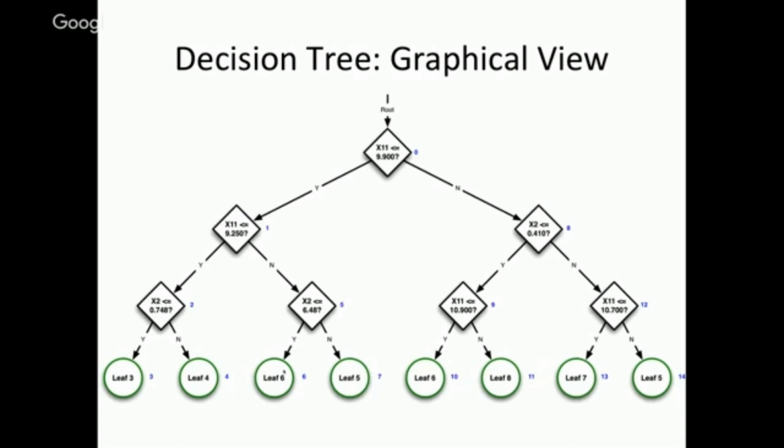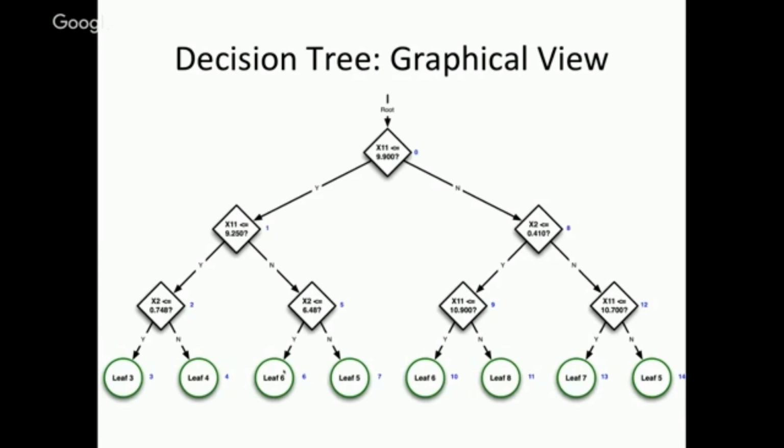Now, a couple things I want to point out. This is an example tree. I'm going to actually show you in a few minutes how we built this exact tree, and it's using that wine data that I introduced the other day. So X11, for instance, is percentage of alcohol. I forgot what X2 is.